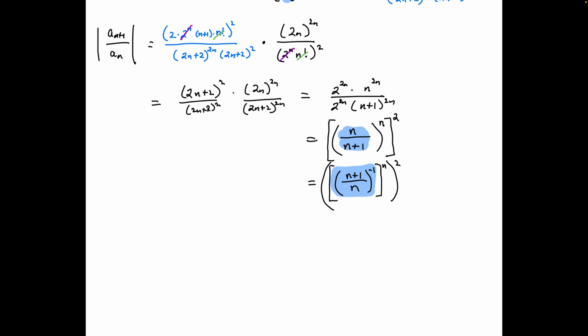So with this scratch work, our rho computed as the limit of the absolute value of the quotient of the next term over the current term is the limit of this as n goes to infinity. And n plus 1 over n, let's write this out. So n plus 1 over n is 1 plus 1 over n.